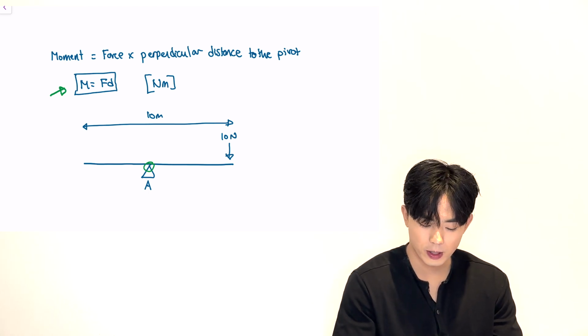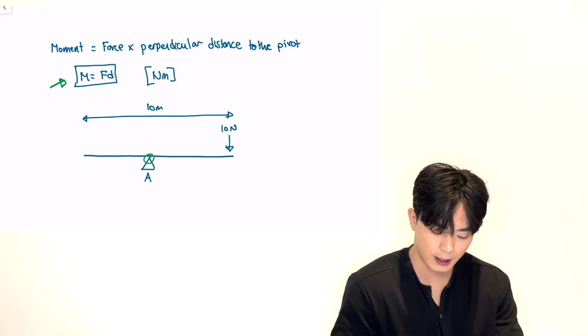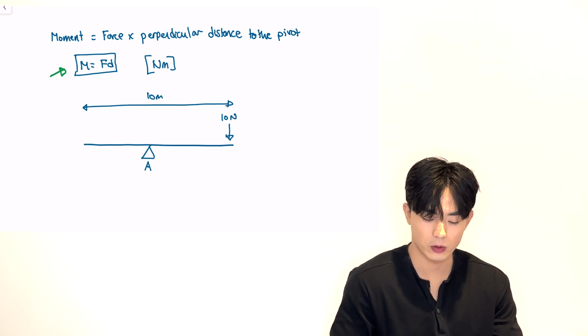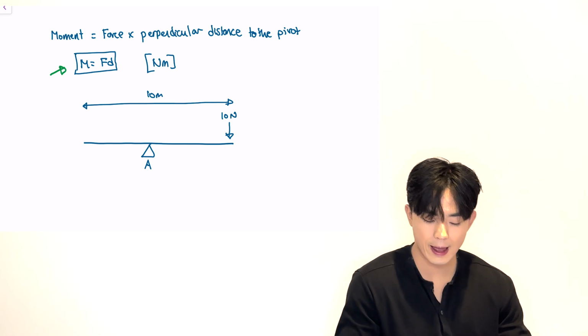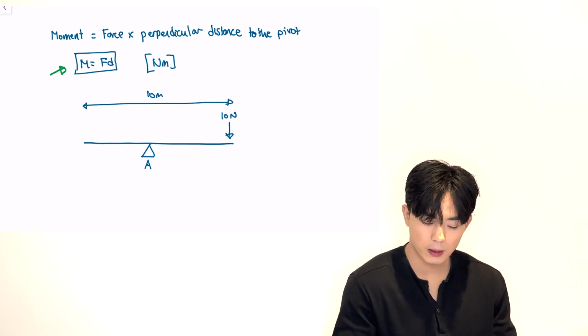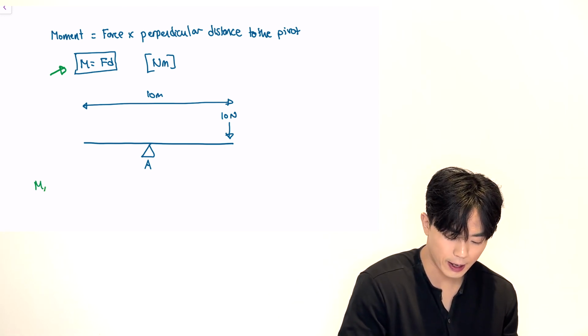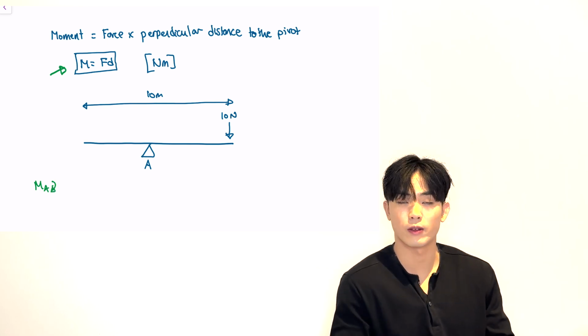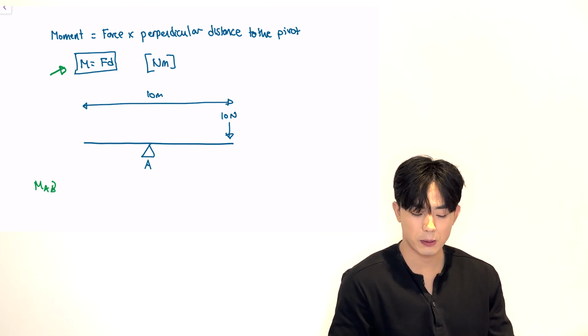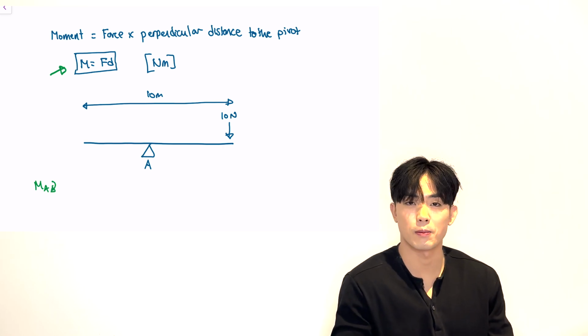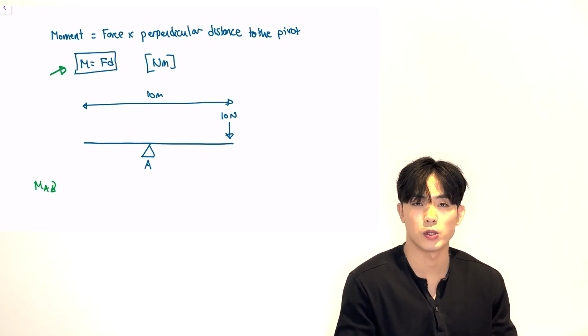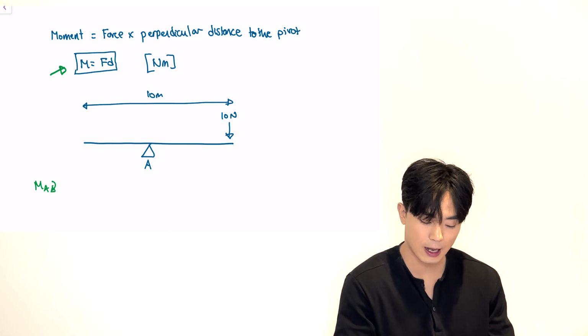So let's look at an example here. Let's say we've got this plank here and we've got one force, 10 newtons, at the end of the plank. And A, the pivot, is in the middle. So to work out the moment, I would say moment about A, and I'm going to draw a curved arrow like this. This just tells me that the moment going clockwise is going to be positive, because moment is actually a vector, so we need to tell the direction in which it is acting.